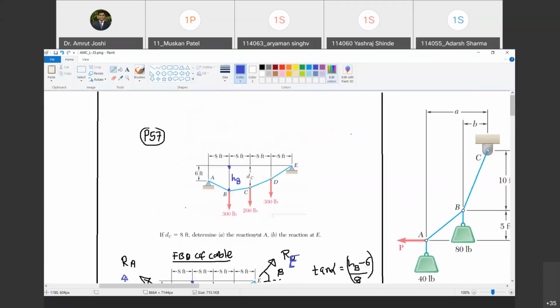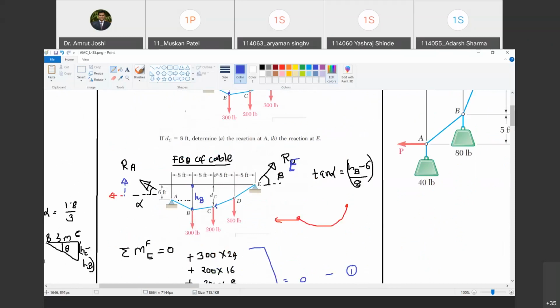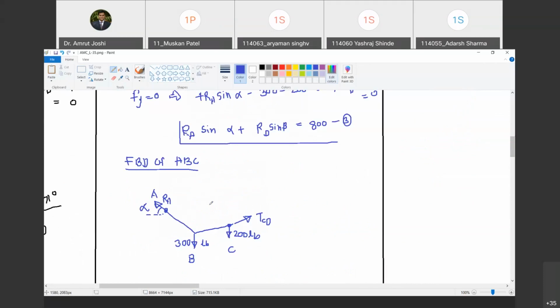How much is DC? DC is 8 feet. Out of that, this 6 feet is gone. So we get the distance of C from A. Do you agree with me? Yes, sir. So the distance is 2 feet.